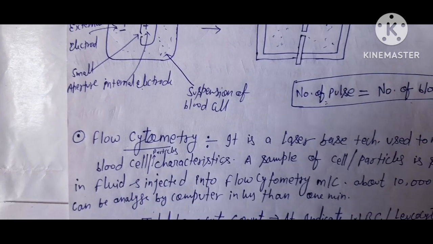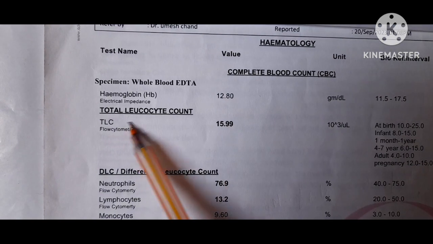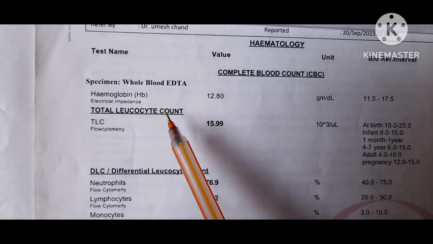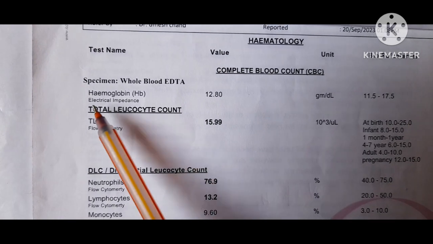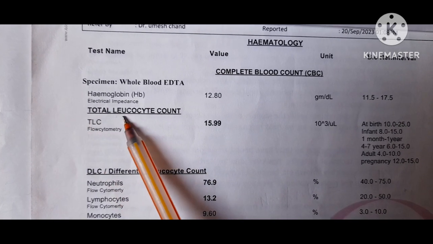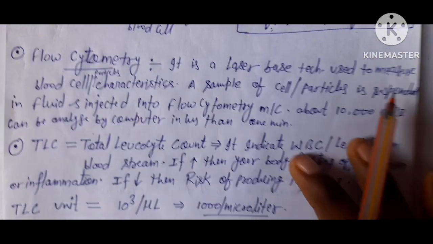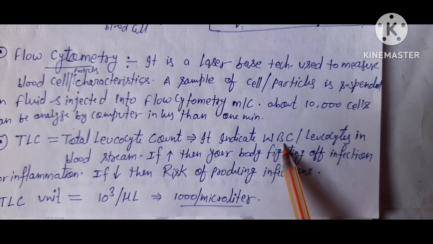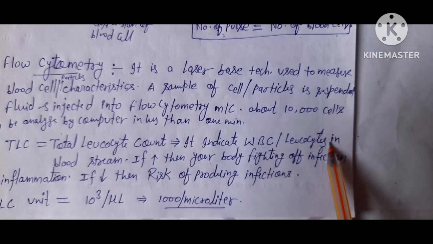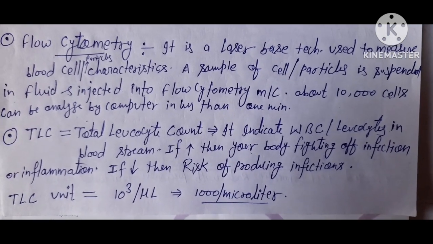Now the next term we use is total leukocyte count, TLC. So what is TLC? Friends, TLC indicates WBC, white blood cells or leukocytes in the blood stream.